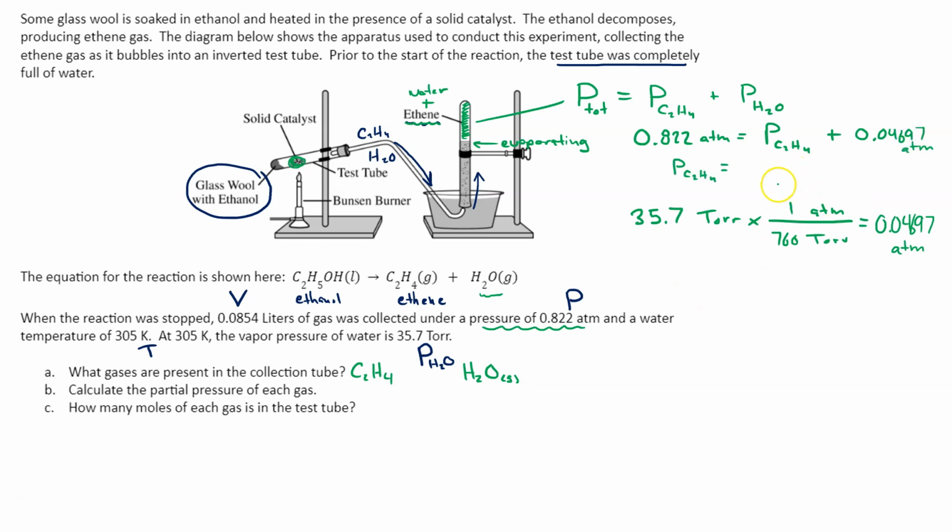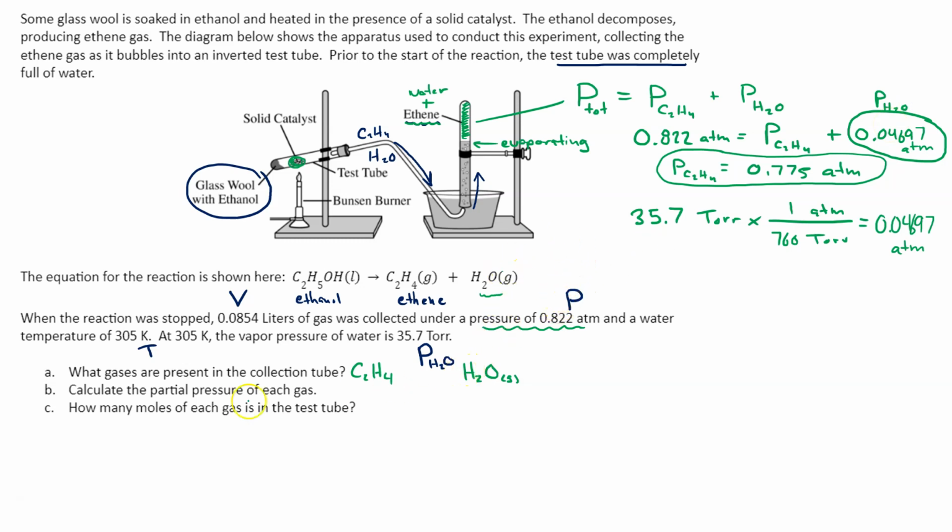So with that plugged in, a simple subtraction tells me that the partial pressure of the C2H4 is 0.775 ATMs. And just to help keep track, let's circle that answer as one of my answers to question B. And then the partial pressure of the water, you could answer in the 35.7 torr, or you could answer in the ATMs. It makes no difference. Let's just circle in the ATMs to keep everything consistent and label that. So that takes care of question B.